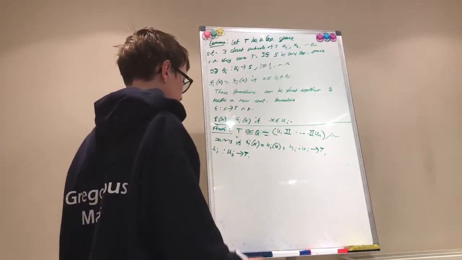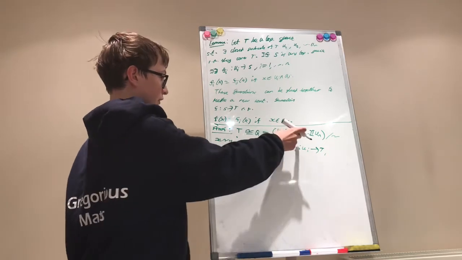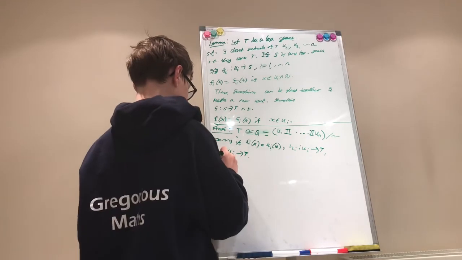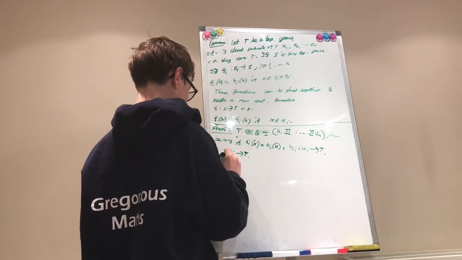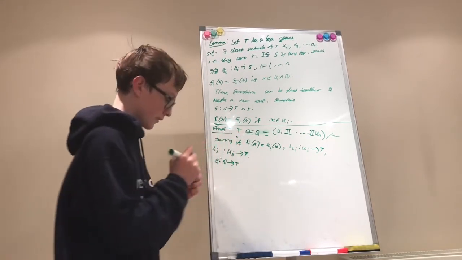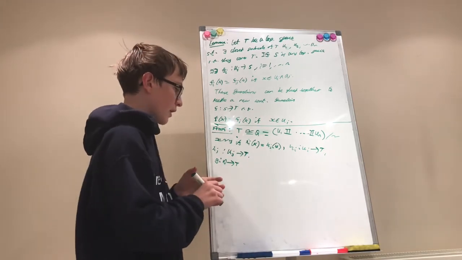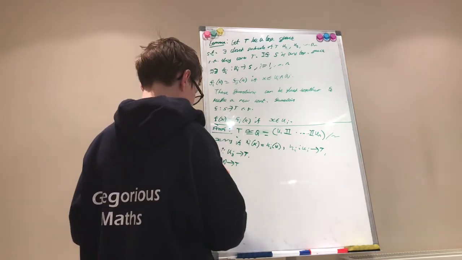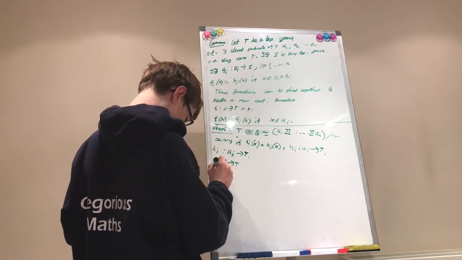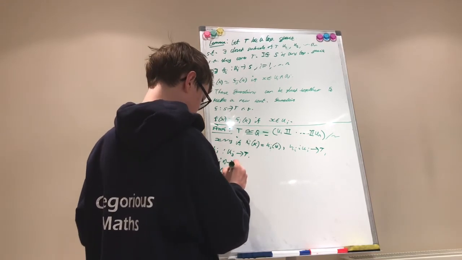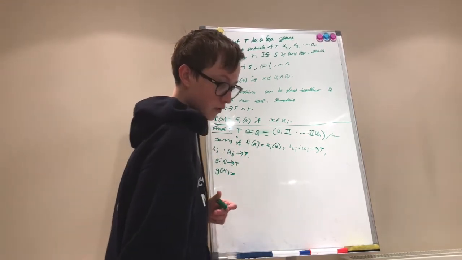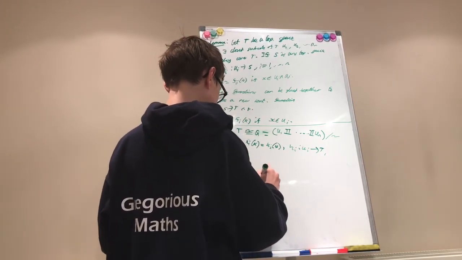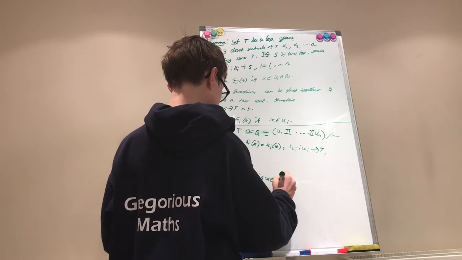Now, D is the disjoint union of all of these. Define G, which goes from D to T, as follows. G of x is equal to h sub i of x if x is in U sub i.